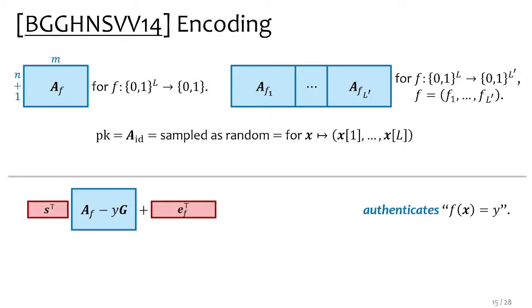And then the encoding is an LWE sample of A_f offset by a fixed matrix G, depending on the function value. The knowledge of this LWE sample, you should think of it as authenticating the fact that f of x is equal to y.